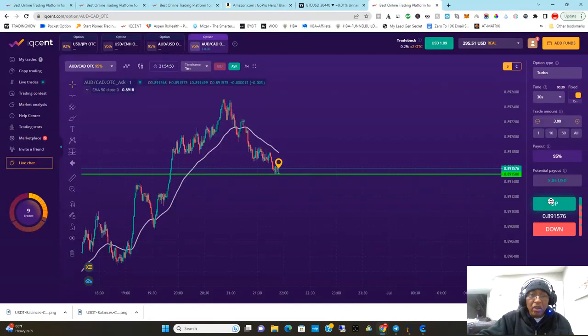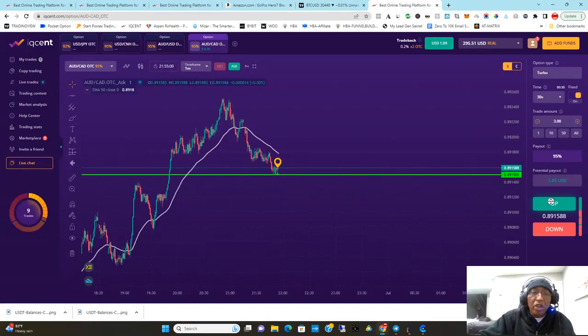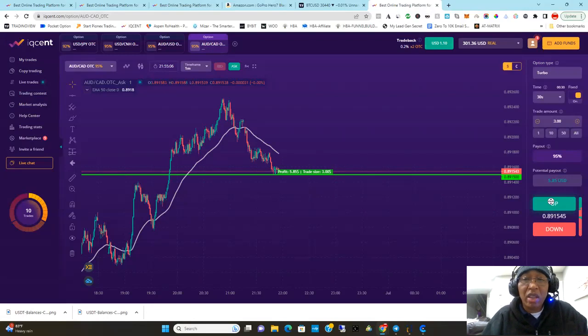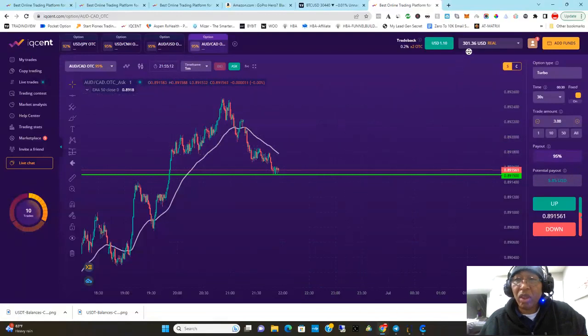Okay, guys, it's going up. Ladies and gentlemen, it is going up. There you go. So it's a profitable trade, you can see. Okay, so that's the second one. And you recoup your losses plus some profit.